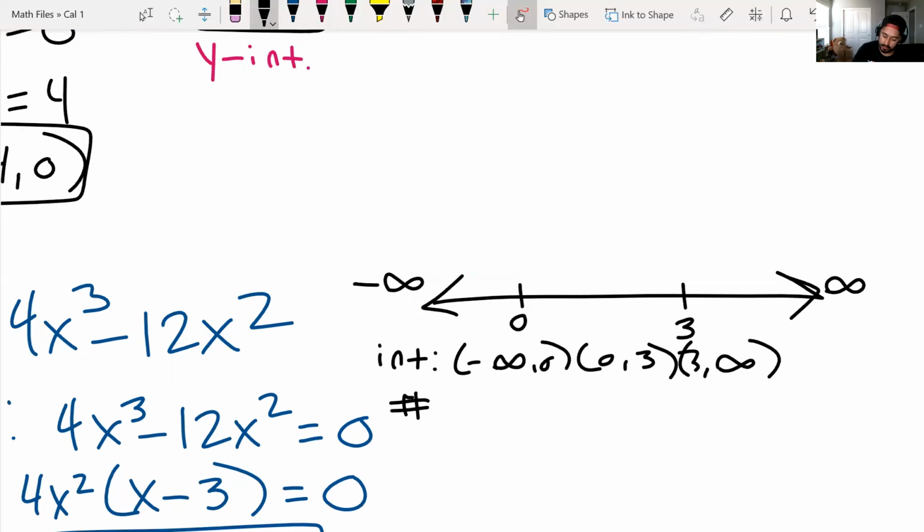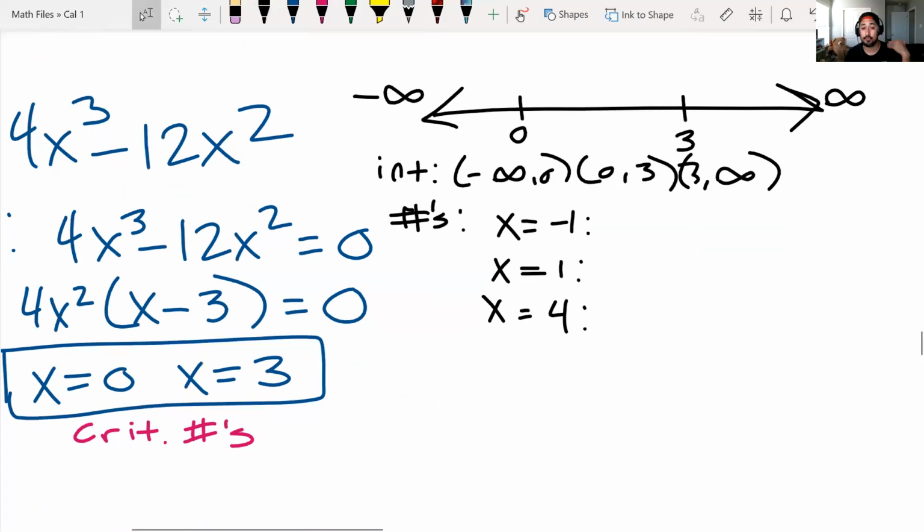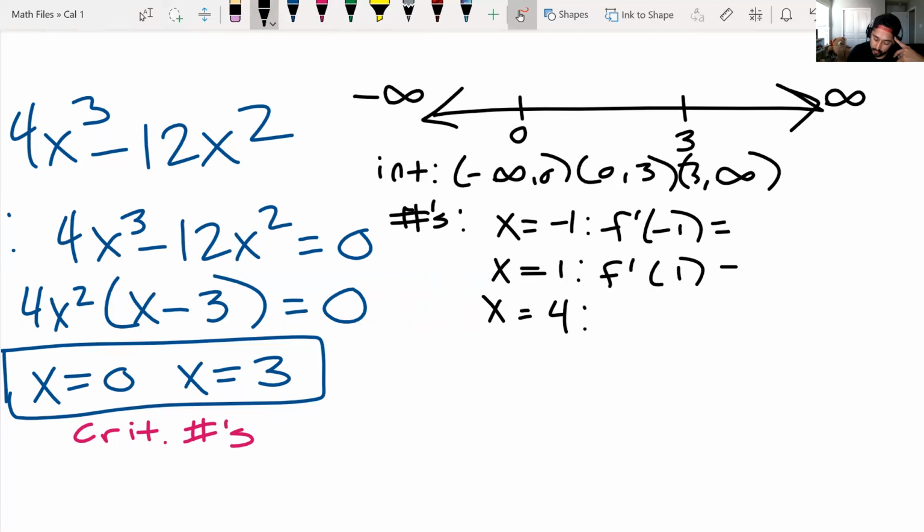Pick my test numbers. I'll get x equals negative 1, x equals 1, and x equals 4. Remember where to plug those numbers in? Into the first derivative. So I'll have f prime of -1, f prime of 1, f prime of 4.